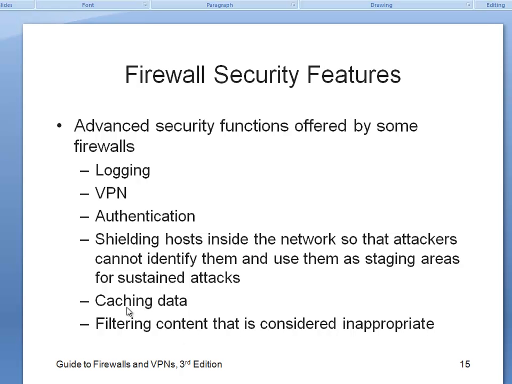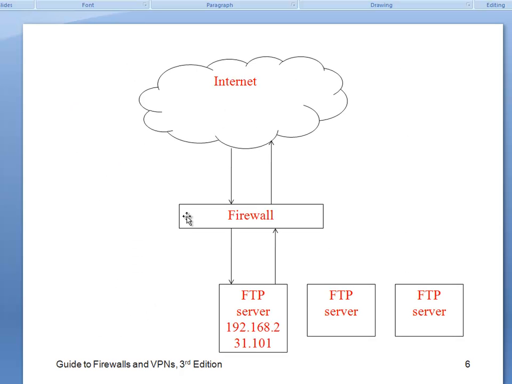We've already talked about shielding hosts inside the network. Caching data. Wow, they're really lumping a lot of things in here to firewalls. Caching data means that if you're requesting a particular website, that information has already been cached on the firewall because somebody else has accessed it.